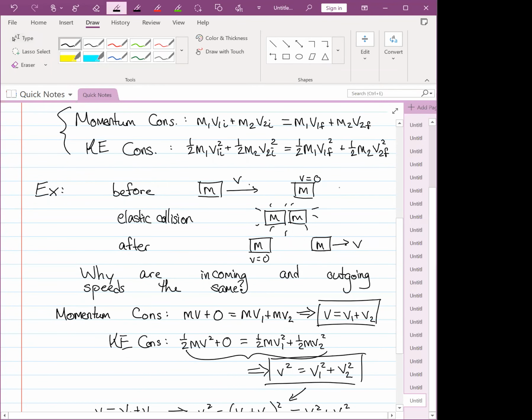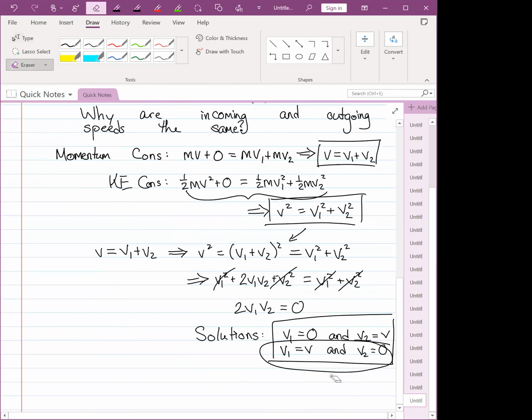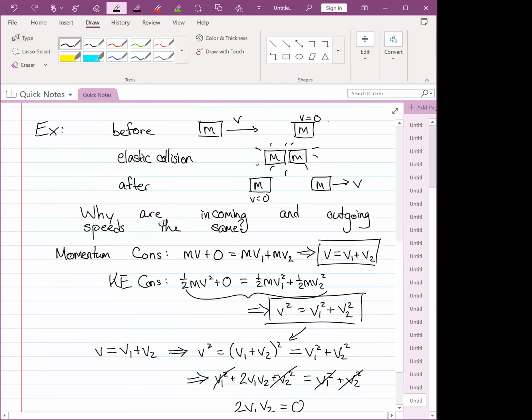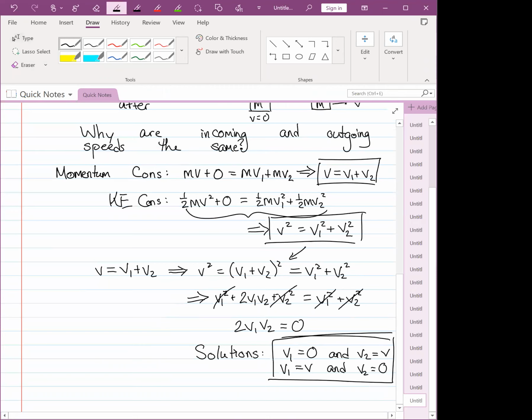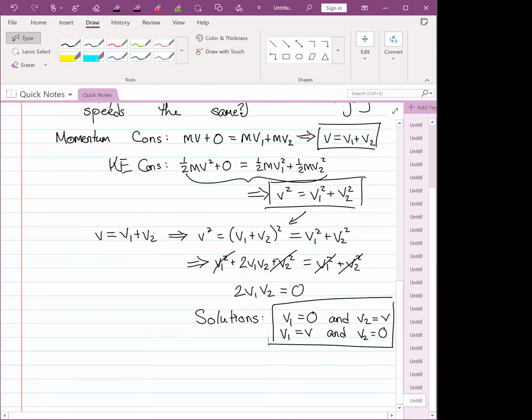It could have been that this block just passes behind this block or passes over it. In that case, block 1 just stays moving at speed v, and block 2 just stays moving at speed 0. That would be the first case. However, if the first block does hit the second block, then we would have the second case, where the first block's speed becomes 0, and the second block gets all of that momentum.